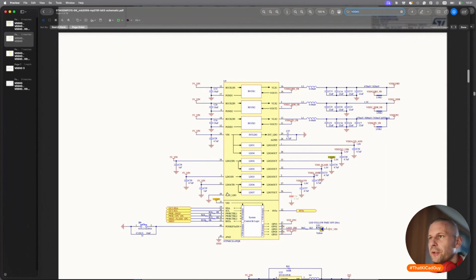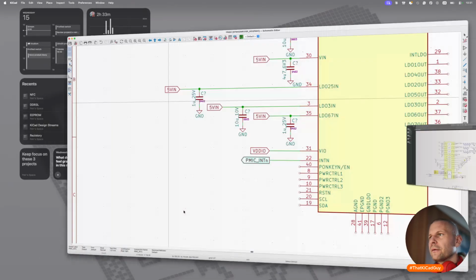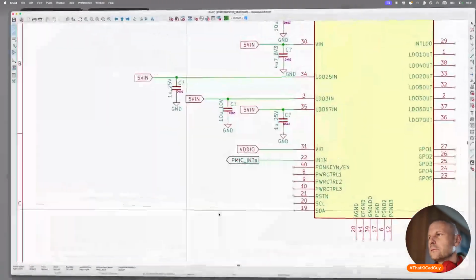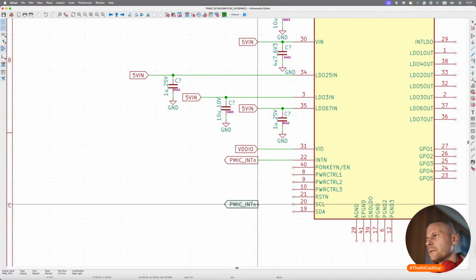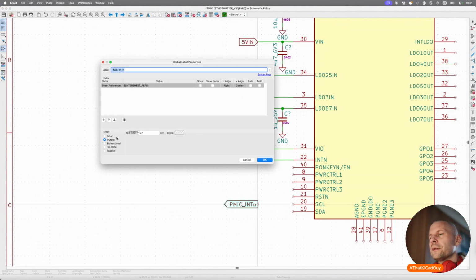All the signals will be placed with the prefix PMIC. So SDA, SCL. Okay. SCL is input.